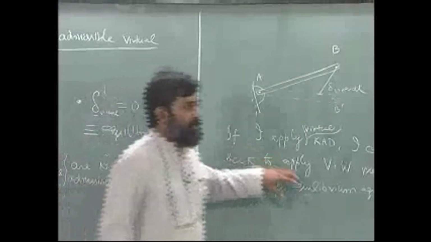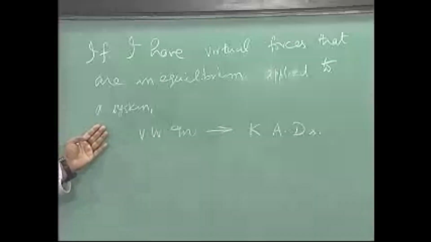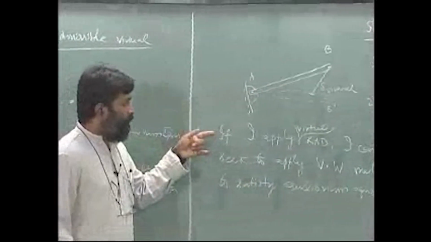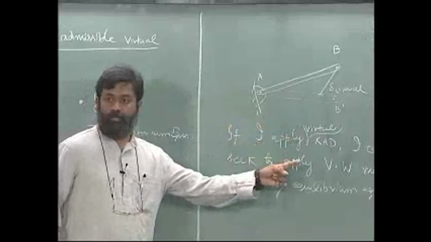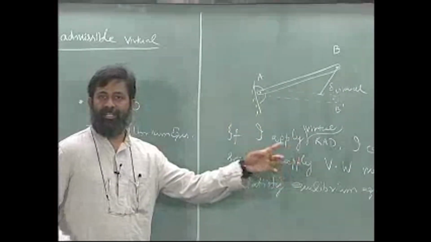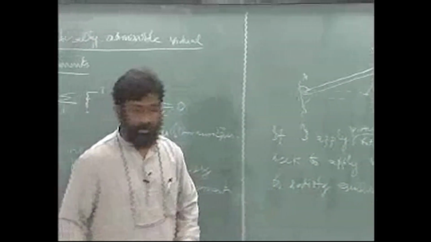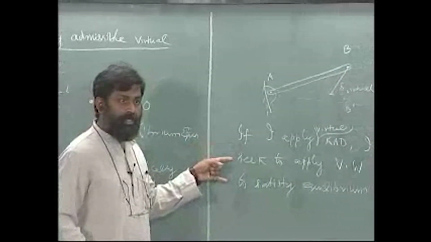I will try to give one example in this method, just to give you a completion. Now when I say virtually kinematic admissible displacements or kinematically admissible virtual displacements, what should I satisfy?